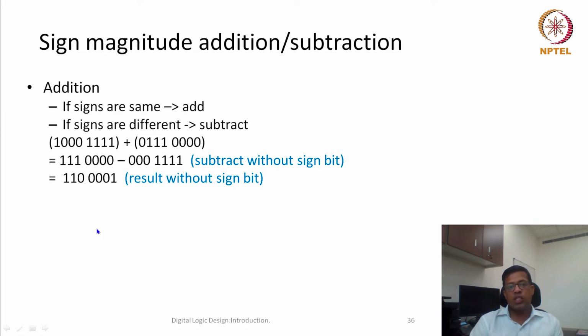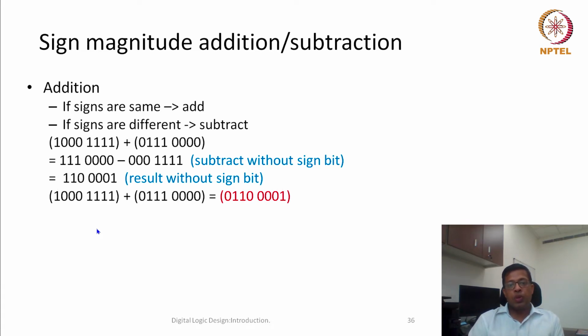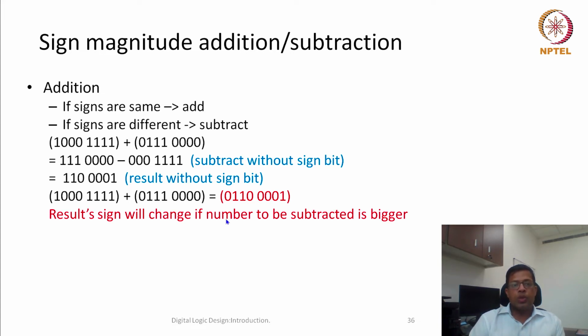So this is how subtraction and addition would happen if the signs are different. Okay, so here now finally we have added this sign bit of 0 because this number was a bigger number. Okay, so there are a couple of steps involved.